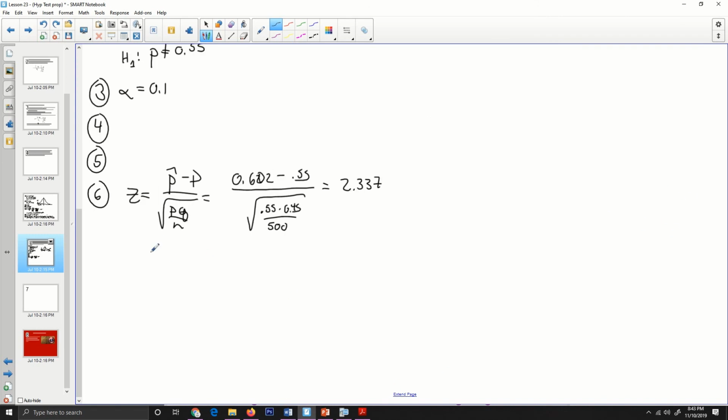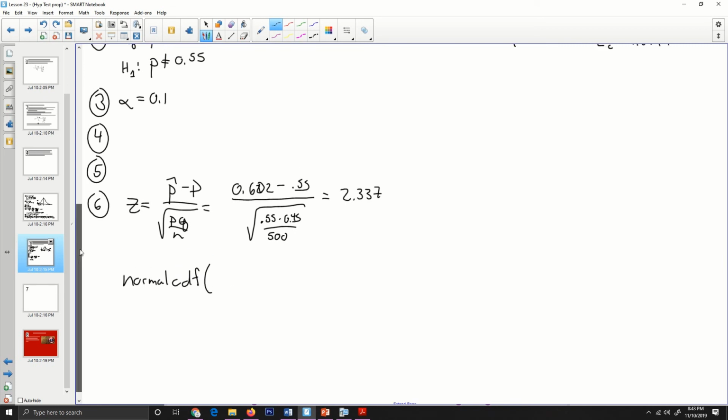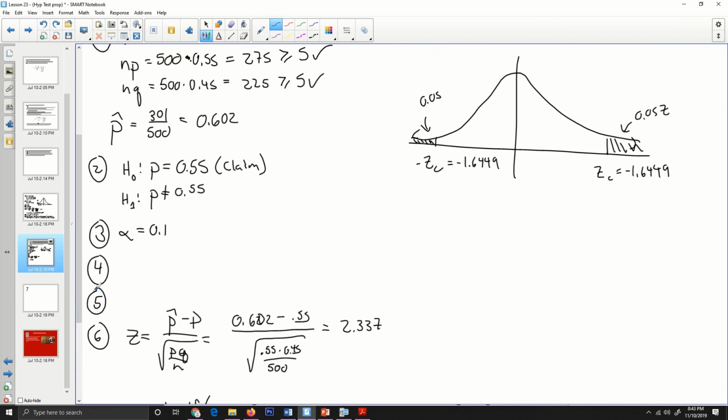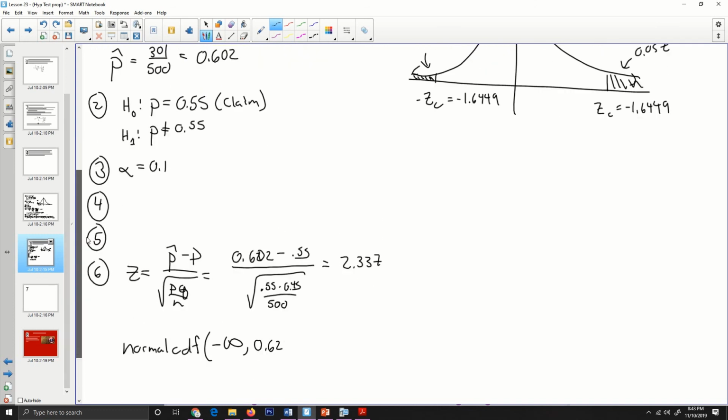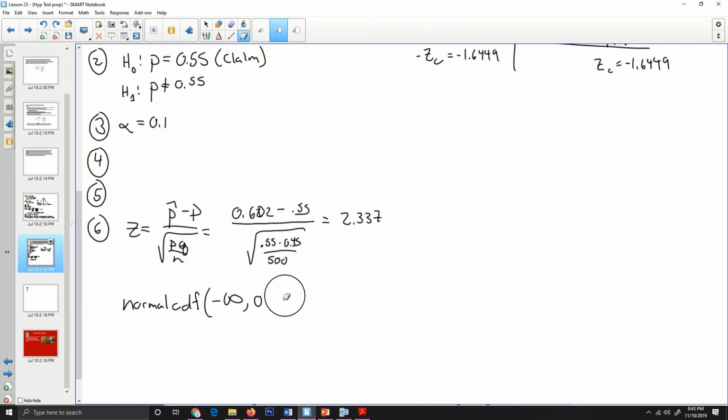You can also do a normal CDF, and we'll use the values that we have. All right, so we're just going to calculate it. It would be negative infinity to our calculated p hat, which was 0.602.